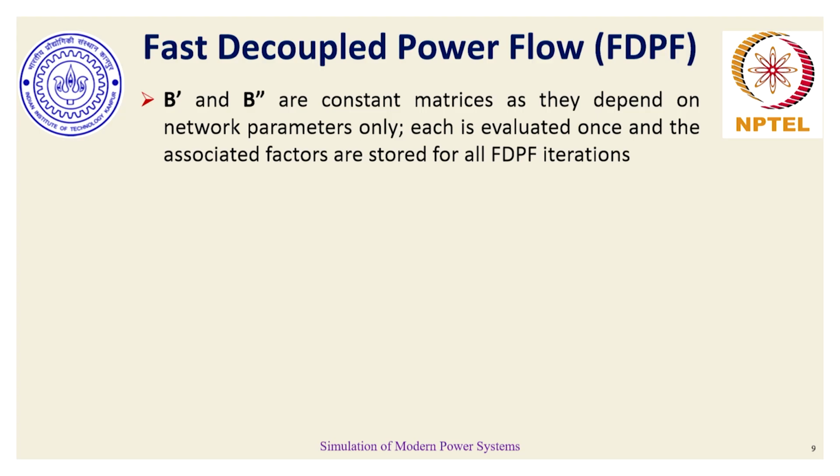So B dash and B double dash are constant matrices. They depend only on the network parameters. These are evaluated once, and the associated inverse factors are stored for all fast decoupled power flow iterations.